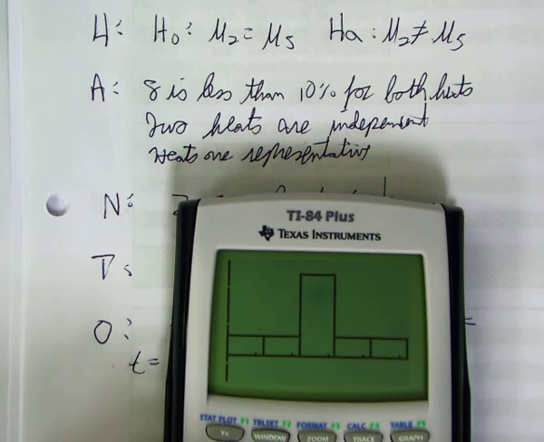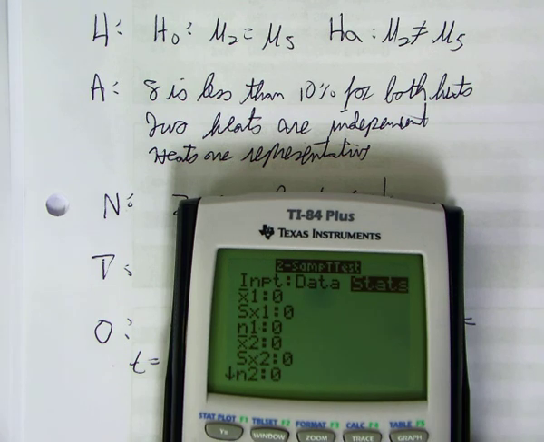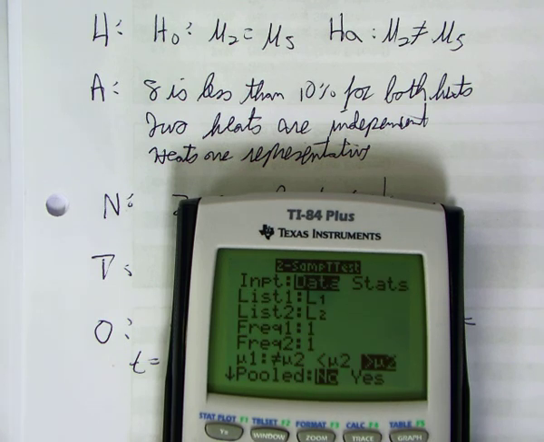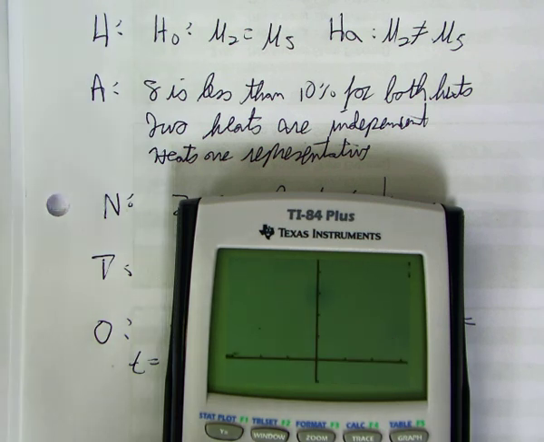Okay, so let's go to stat test. We're going to go to 2-SampTTest, and we're going to use data, right? So list 1 is L1, list 2 is L2. We're going to do not equal to. We're not going to pool, and we're going to draw. So this is what will wind up on our paper.